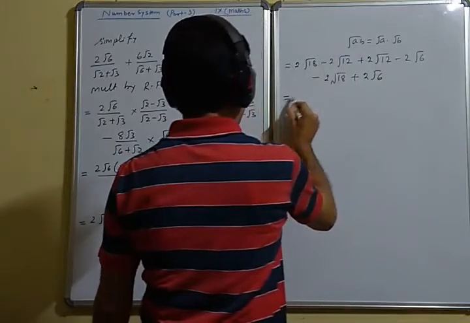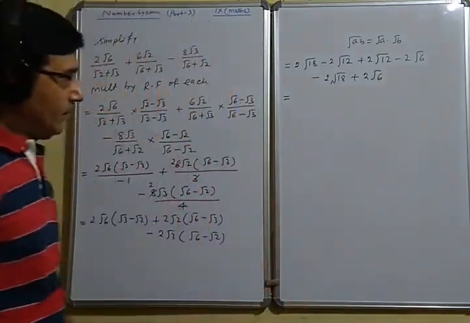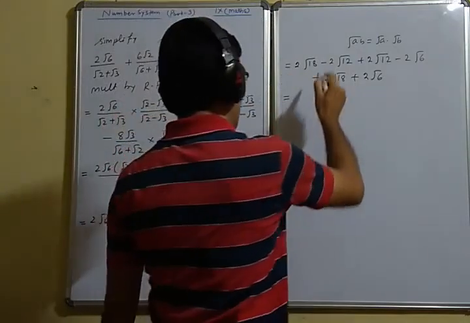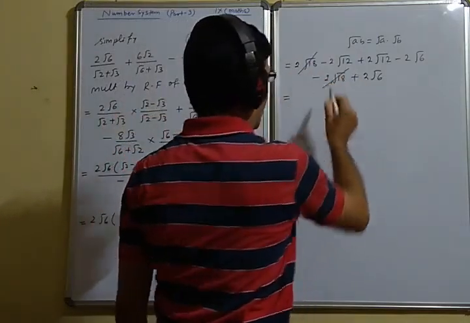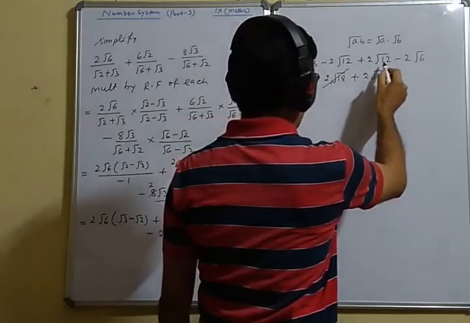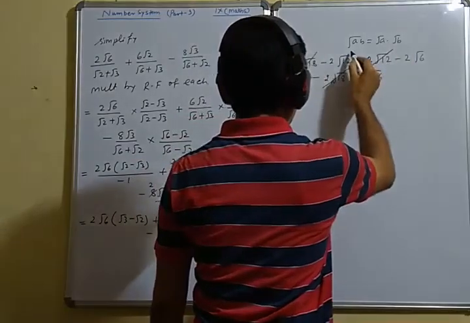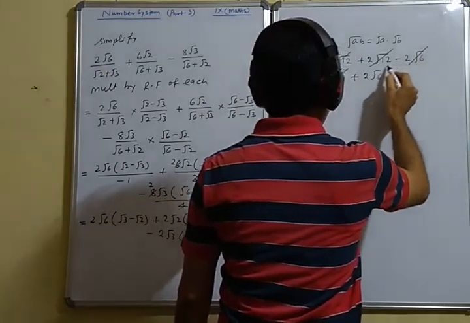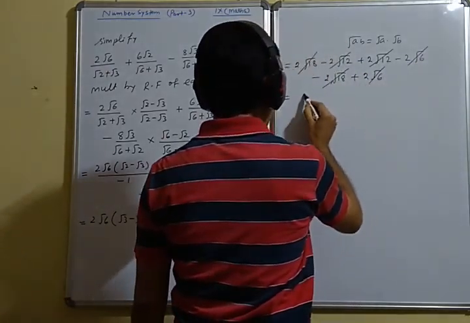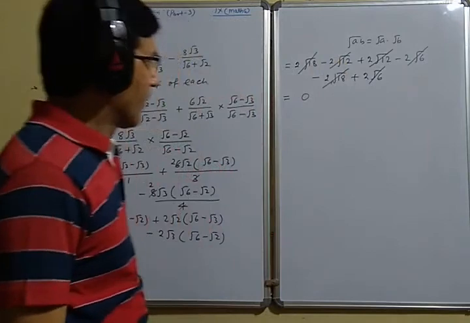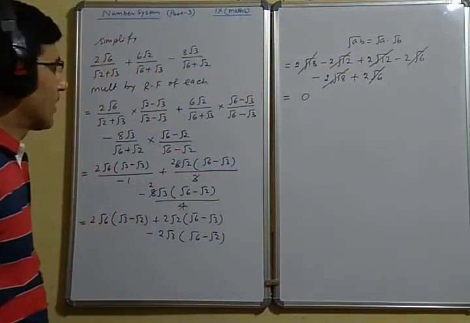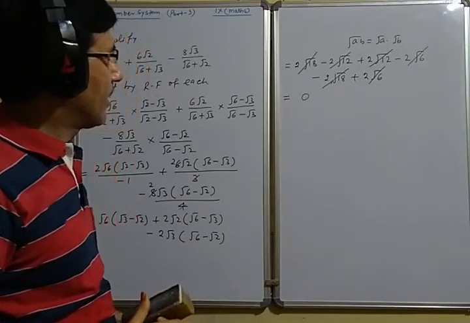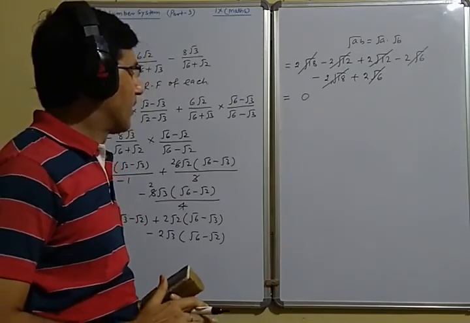Now 2 times root 18 and 2 times root 18 cancel out, the 2 times root 12 terms, plus and minus, cancel out, and 2 times root 6 minus 2 times root 6 cancel out. So we'll get 0. So there are so many questions you can solve by using this method of rationalization.